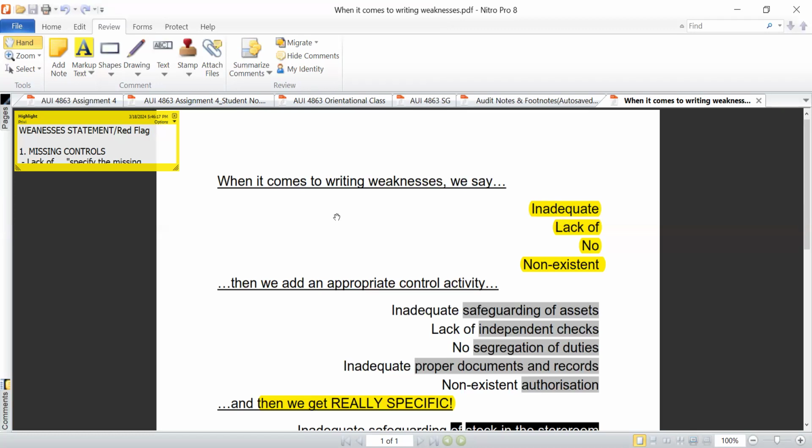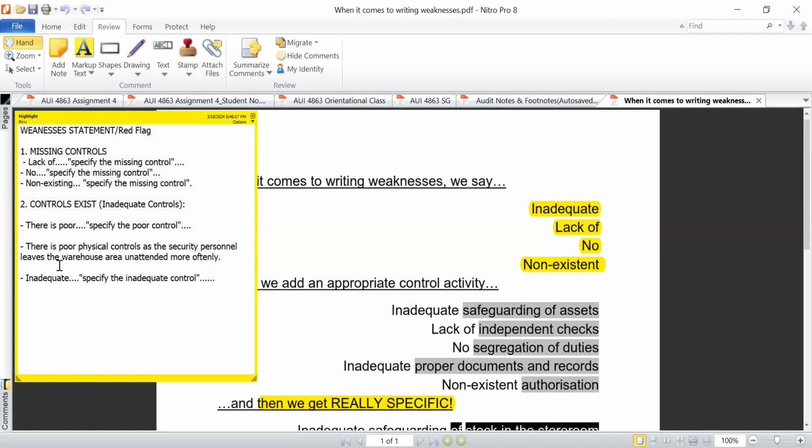In your weakness statement, there are two things. A weakness is normally identified under two conditions. I'm not saying it's only limited to this, because sometimes weaknesses go beyond just identifying missing controls and evaluating the existing controls.